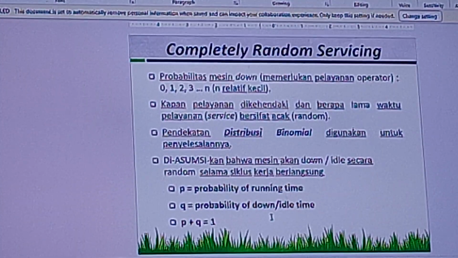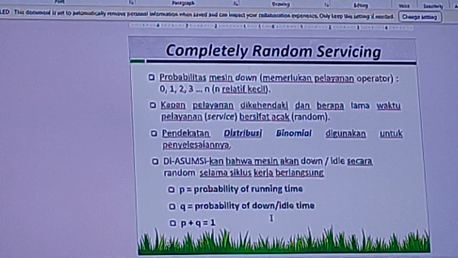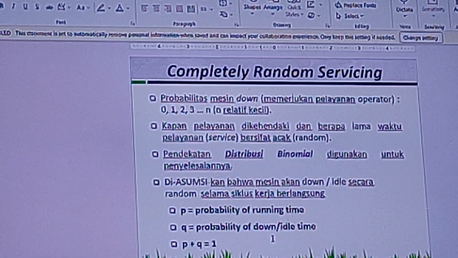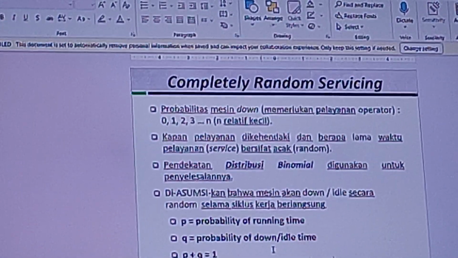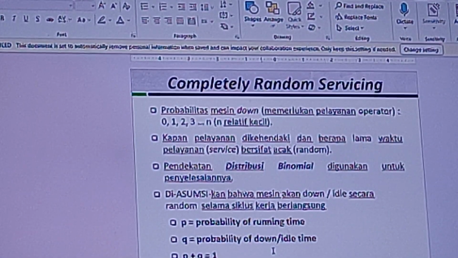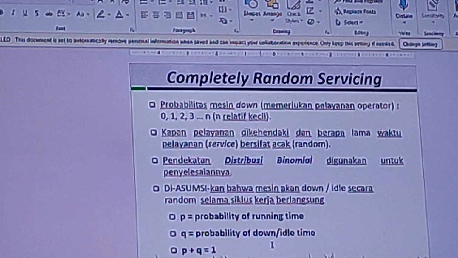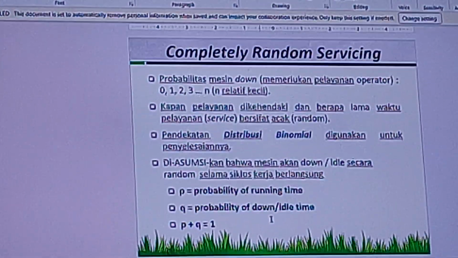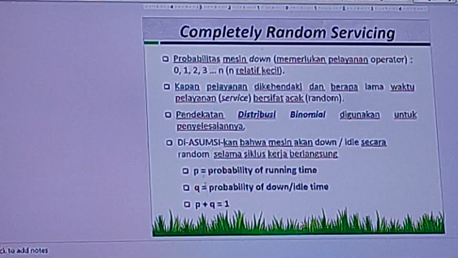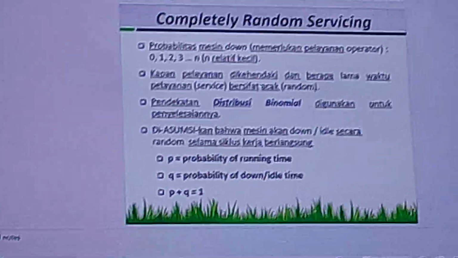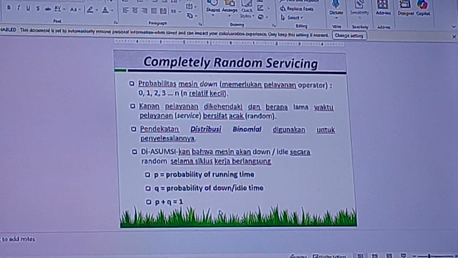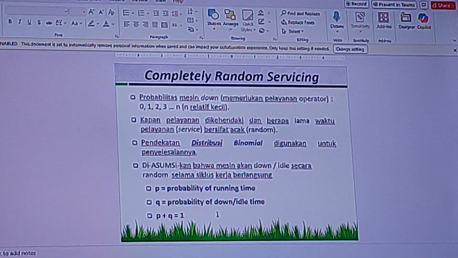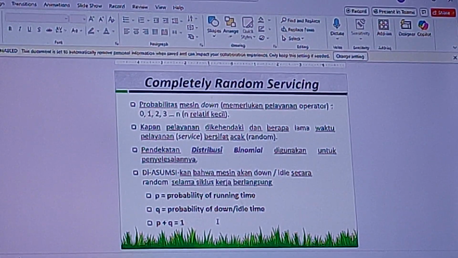The condition of the machine is sometimes running, sometimes idling. Two conditions only because it is a binomial distribution, running or not. Then the sum of the two probabilities is equal to 1. Understand? I think you have studied this probability in the previous class.